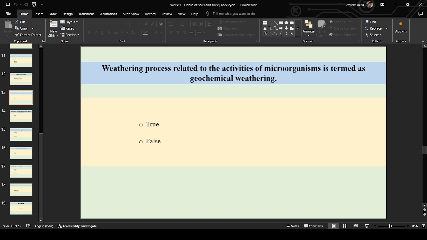I'll repeat the question. Weathering process related to the activities of microorganisms is termed as geochemical weathering. Is this statement true or false?